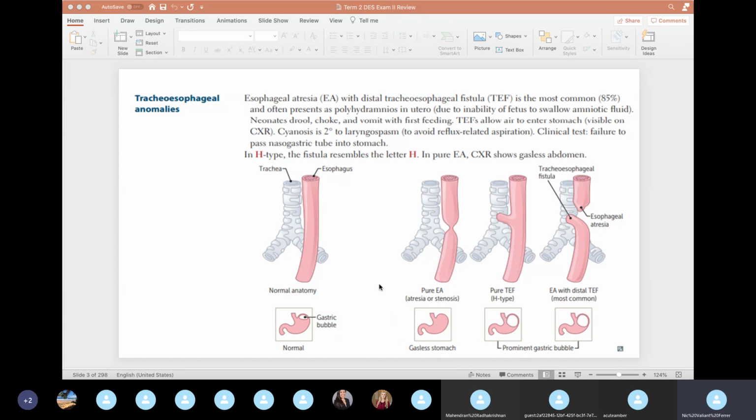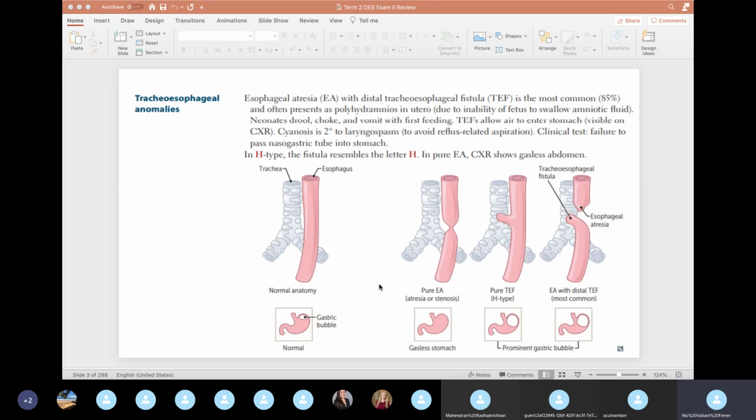So let's summarize. Tracheoesophageal anomalies. What is this? This is esophageal atresia with distal tracheoesophageal fistula. It often presents as what? Polyhydramnios in utero. Why? The fetus is unable to swallow amniotic fluid. What can we see in a newborn, in a neonate?